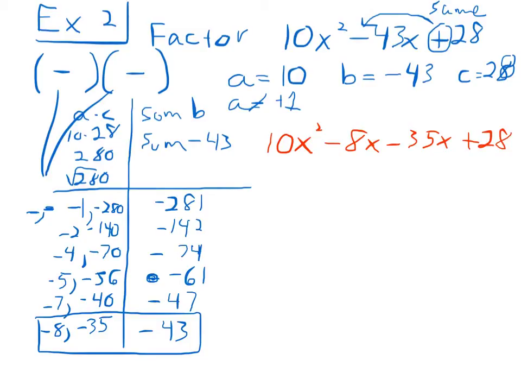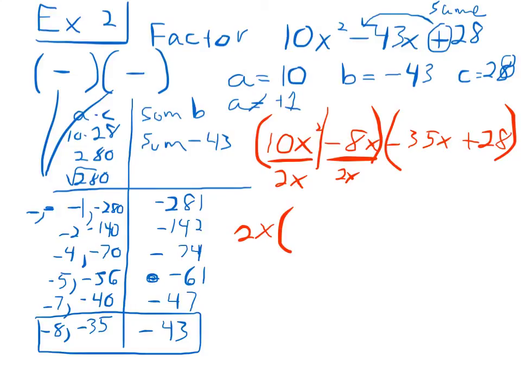Alright, now I can group these. The GCF of these would be 2x, so 2x leaves me with 5x minus 4. And then the GCF of these would be 7.